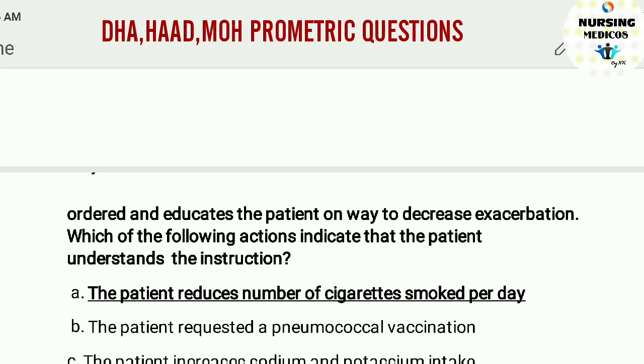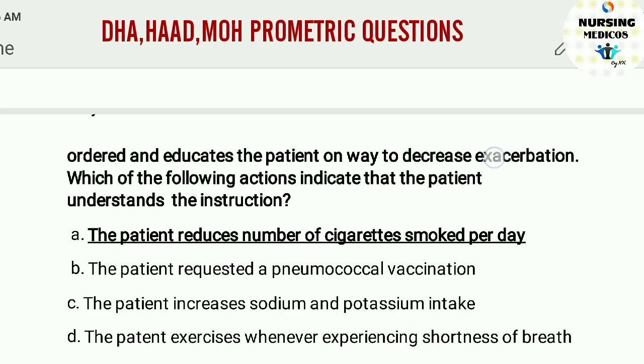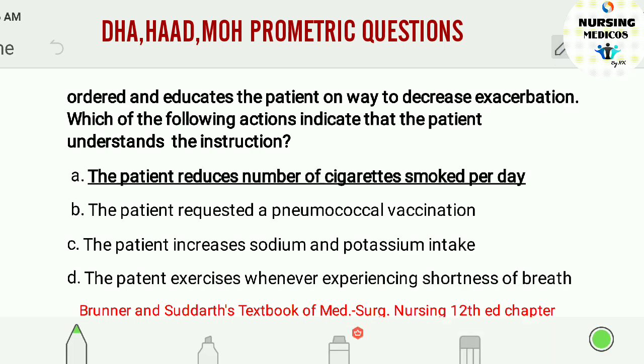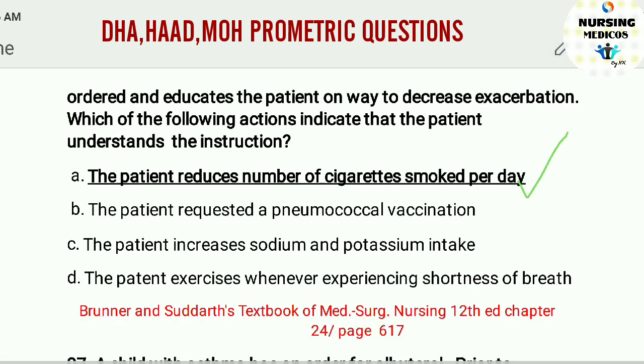Which of the following actions indicates that the patient understood the instruction? Option A is the patient reduced the number of cigarettes smoked per day. B. Patient requested a pneumococcal vaccine. C. Patient increased sodium or potassium intake. Option D is the patient exercises whenever expressing shortness of breath. So option A is the right answer.